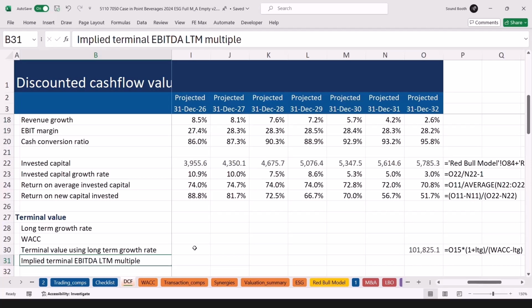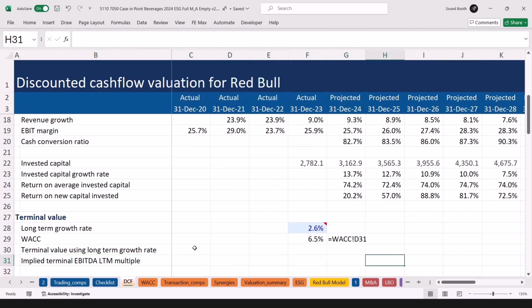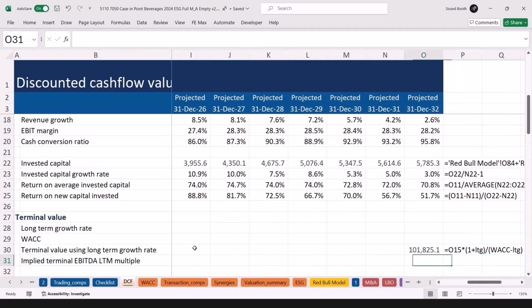We could use an NTM, or next 12 months multiple, but it's more common to use an LTM multiple. And what this means is that when I come to do the calculation, I need to make sure that if I use my EBITDA in 2032, that the value number is at the end of the period.